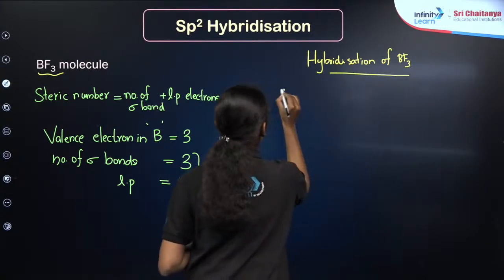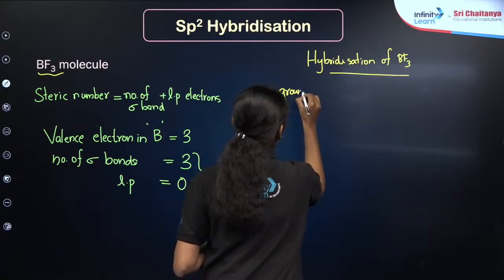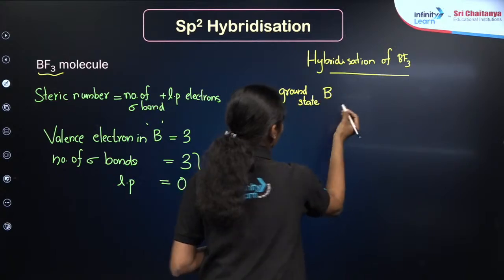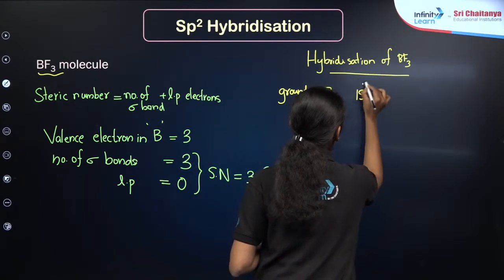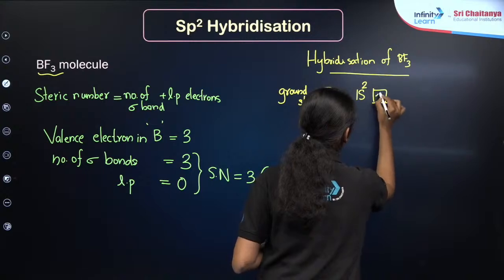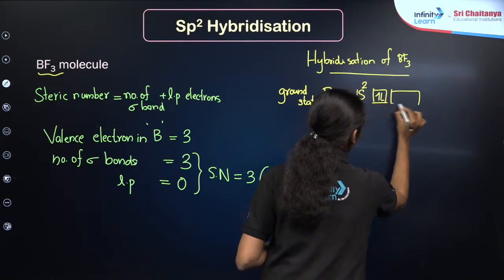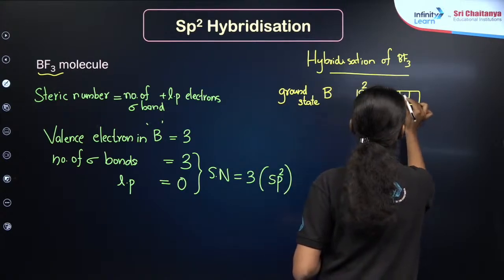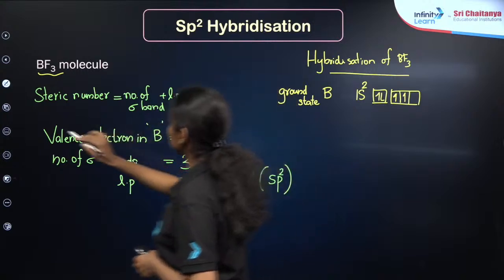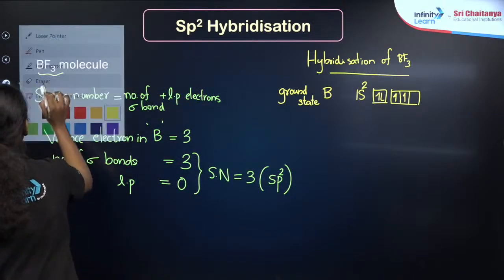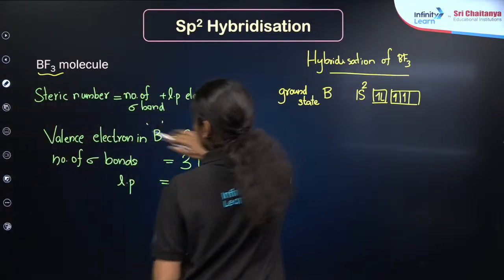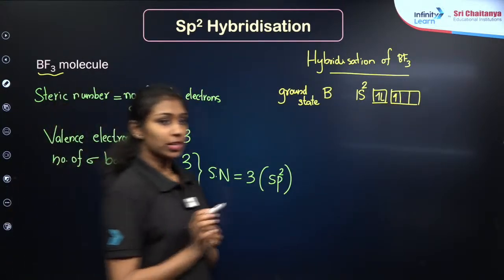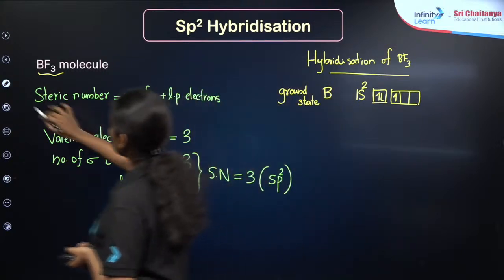First, you have to write the ground state electronic configuration of boron. It is 1s2 2s2 2p1, right?